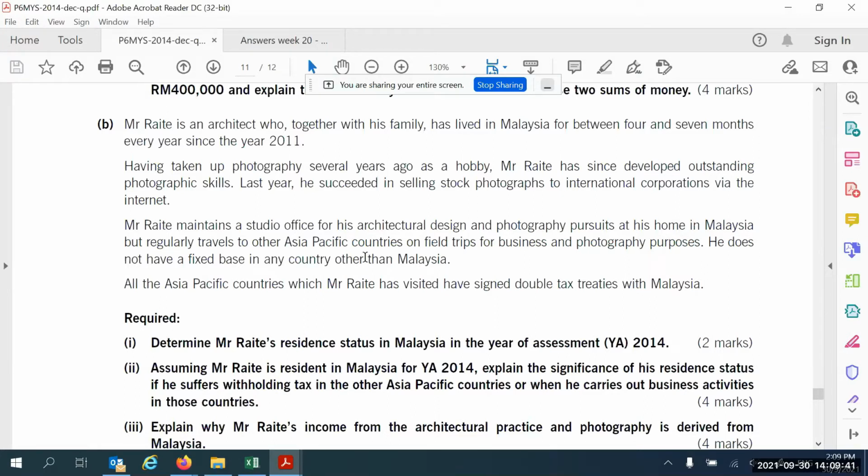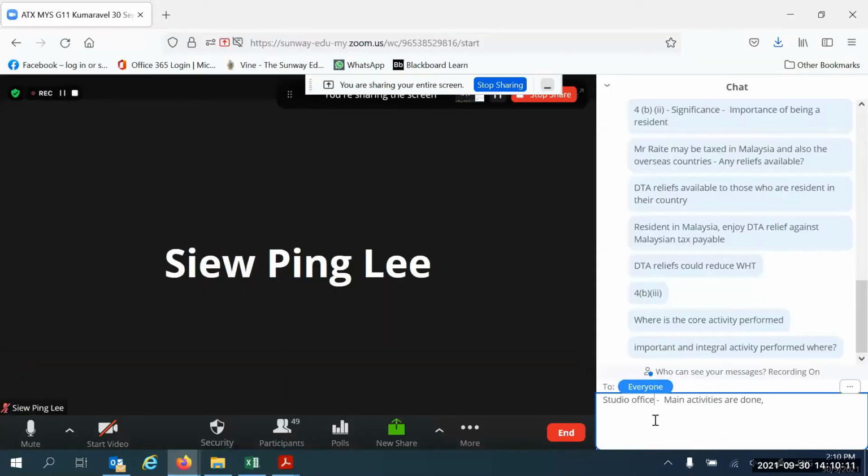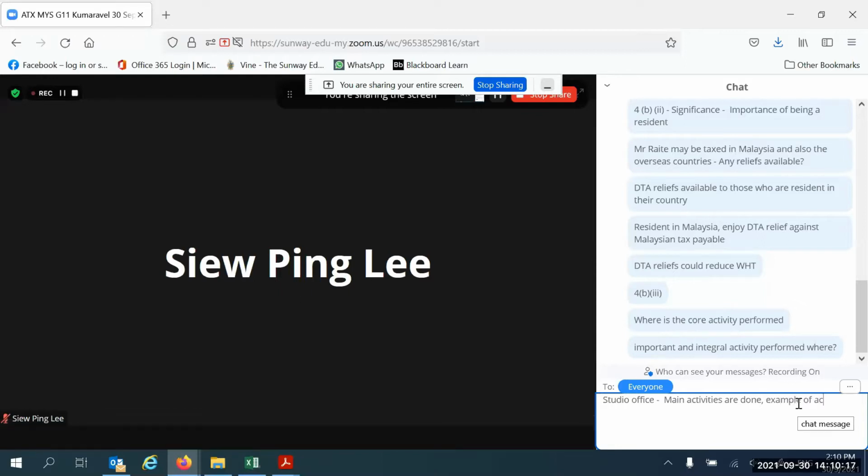Now they don't tell you what his main activities are. So try to be a little bit more specific. Main activities in preparing his architectural design and photography pursuits. Example of activities. If possible, they give you marks for that.